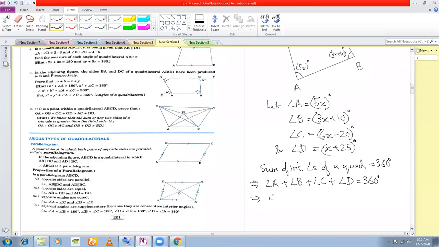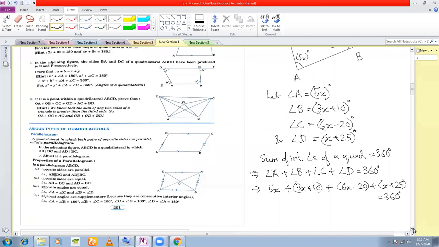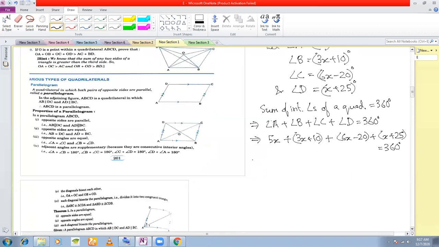Angle A is 5x. Angle B is 3x plus 10, keep it within brackets. Angle C is 6x minus 20. And angle D is x plus 25, equal to 360 degree. Open the brackets, simplify, solve the equation. That's it.